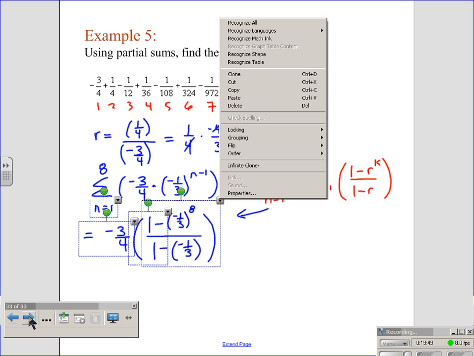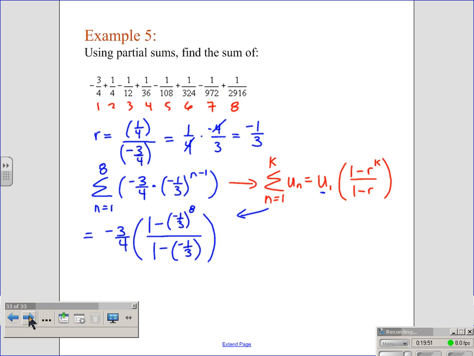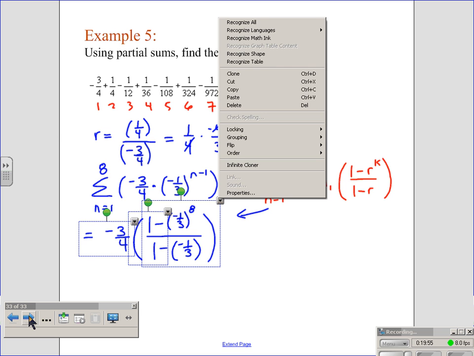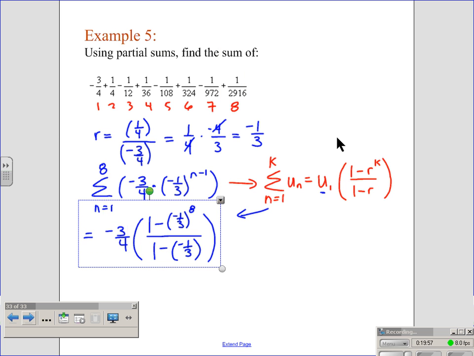If you plug this in your calculator right now, you'll get an answer, but it's not going to convert to a fraction for you, and we'd like to have the exact answer. So I can copy this.